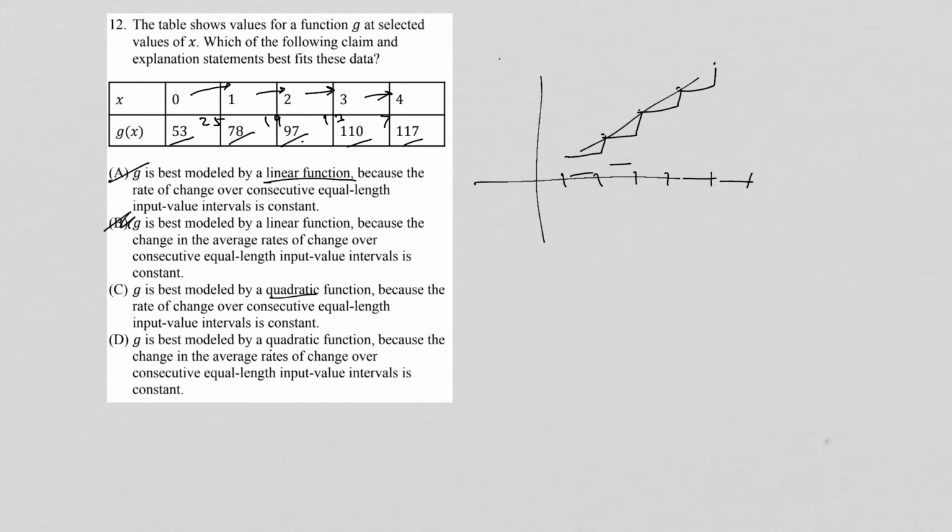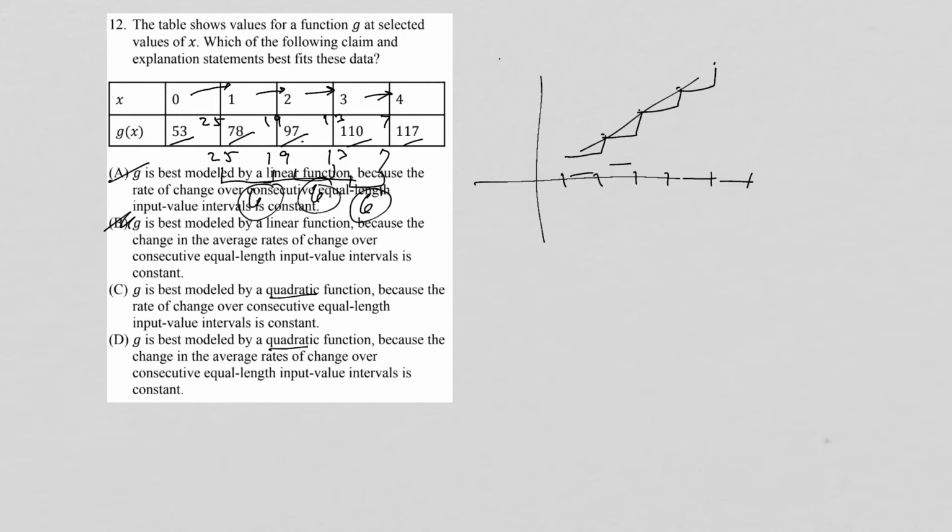It must be quadratic. Well, how do you tell something is quadratic? Sneaky thing you do: remember how these changed by 25, 19, 13, and 7? If you see how the changes change, 6, 6, 6, ooh, number of the devil. If these numbers are the same, it's quadratic.